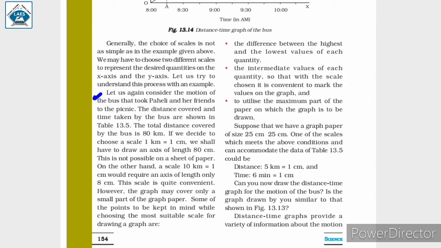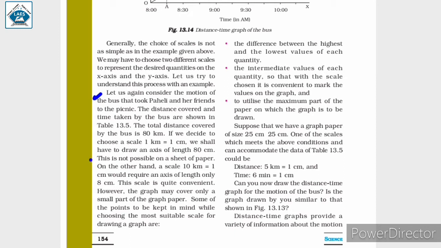Let us again consider the motion of the bus that took Paheli and her friends to the picnic. The distance covered and time taken by the bus are shown in table 13.5. The total distance covered by the bus is 80 km. If we decide to choose a scale 1 km is equal to 1 centimeter, we shall have to draw an axis of length 80 centimeter.